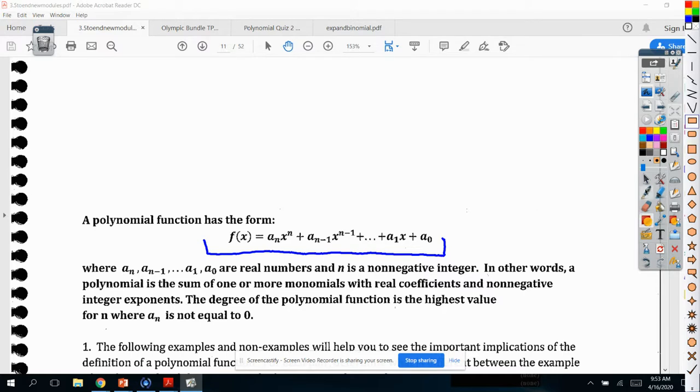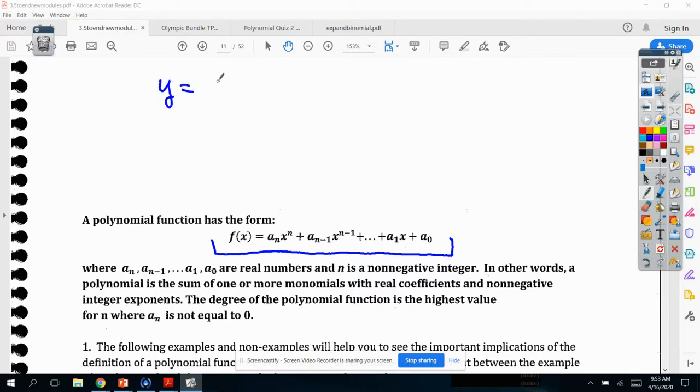A polynomial is anything that looks like y or f equals a number, and that number can be anything, times x to a power, and this has to be a whole number. And then you can add it to a whole bunch of things that look like that.